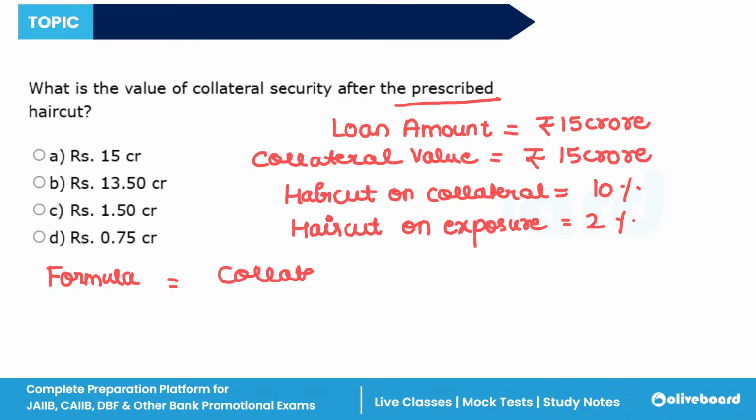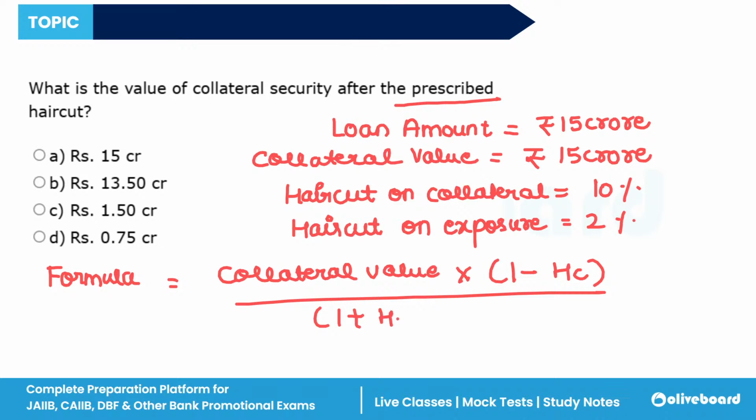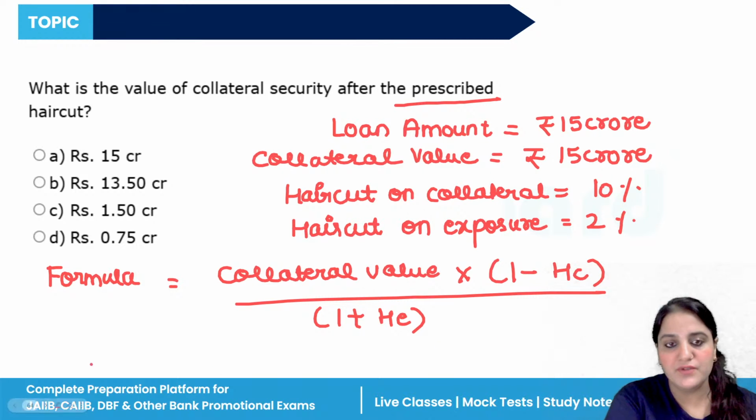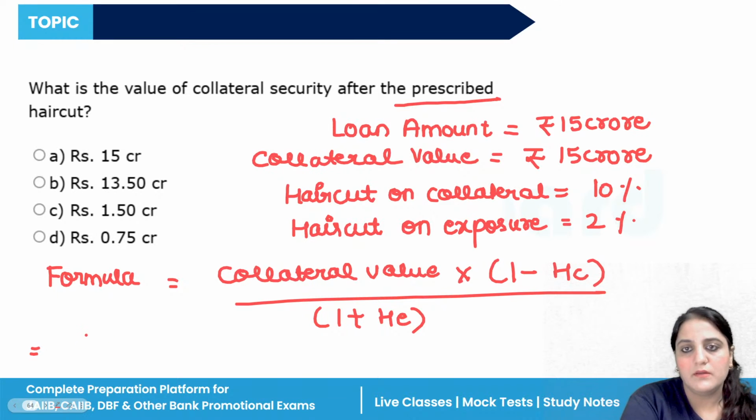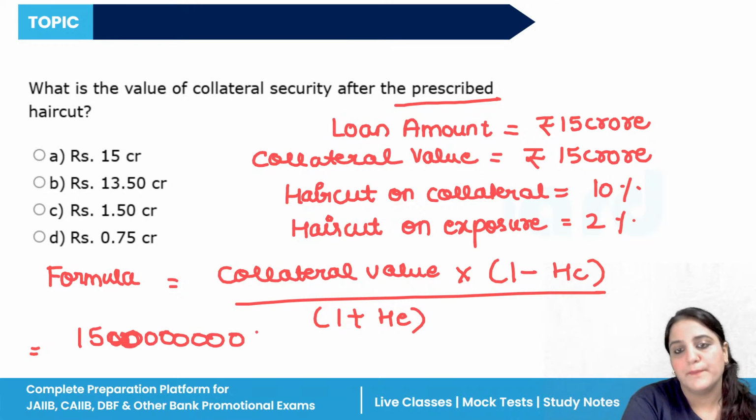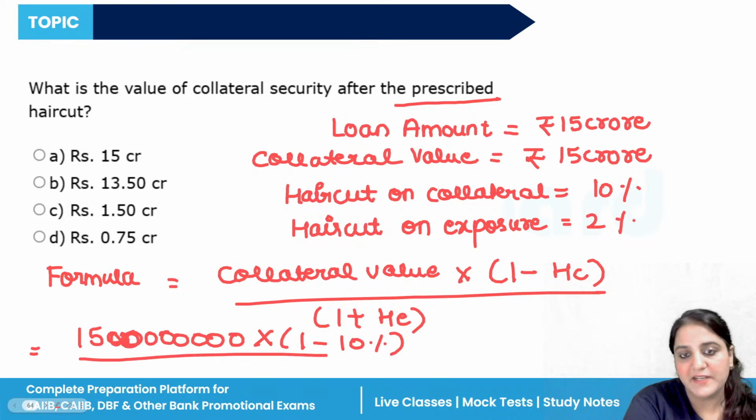So it is collateral value multiplied by 1 minus haircut on collateral, divided by 1 plus haircut on exposure. Got it? So just put the values now. 15 crore, 1 minus 10%, divided by 1 plus 2%.